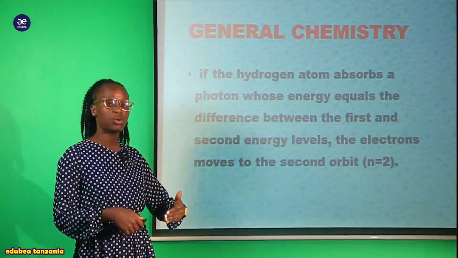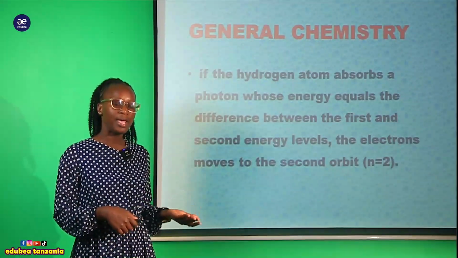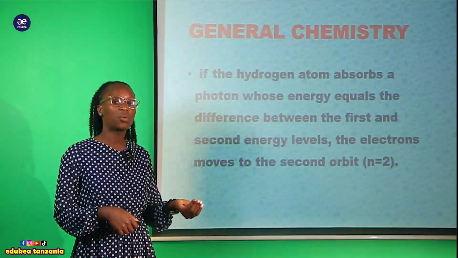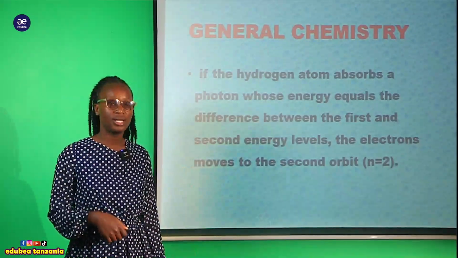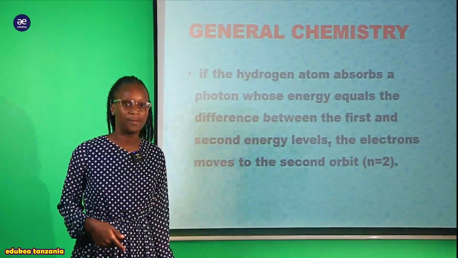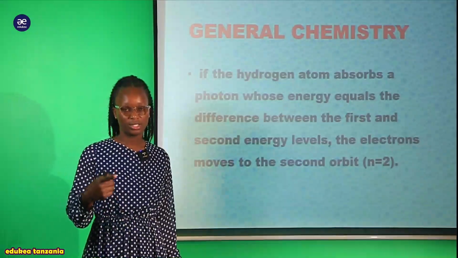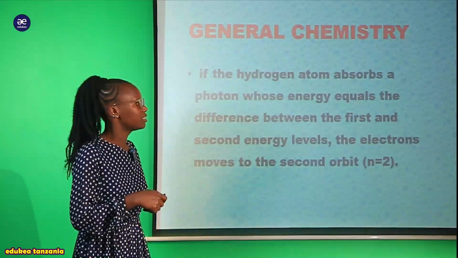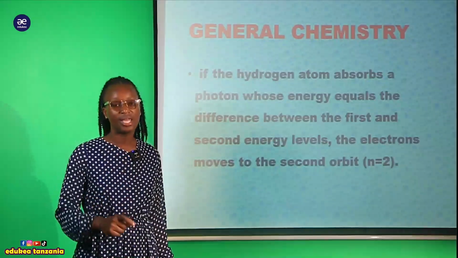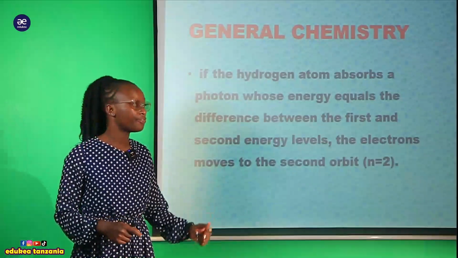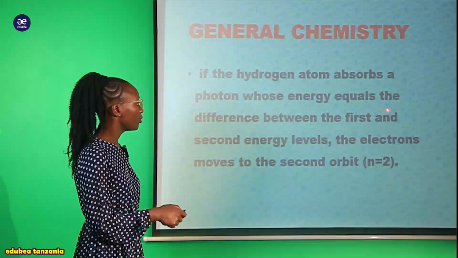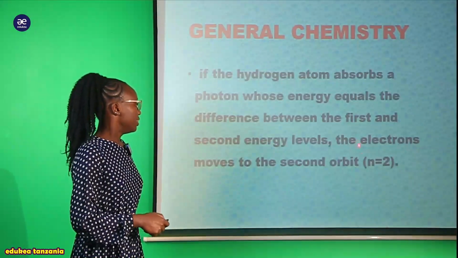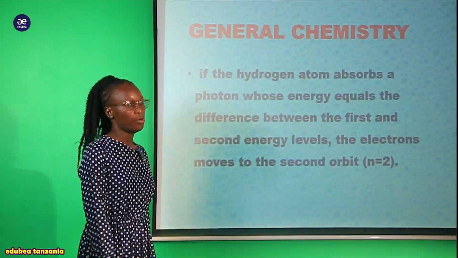Sasa zile energy ina maana zinakuwa tofauti. Ina maana ile energy ambayo inakuwa absorbed ya pili inakuwa ni tofauti na ile ya nini? Ya kwanza. Sasa kama itakuwa ni ya kwanza, maana yake kwamba kuna mabadiliko yatatokea. That's why tunasema if ile hydrogen atom ita absorb the different energy na ile ya kwanza, therefore is what you can see that the electron move to the second orbit.